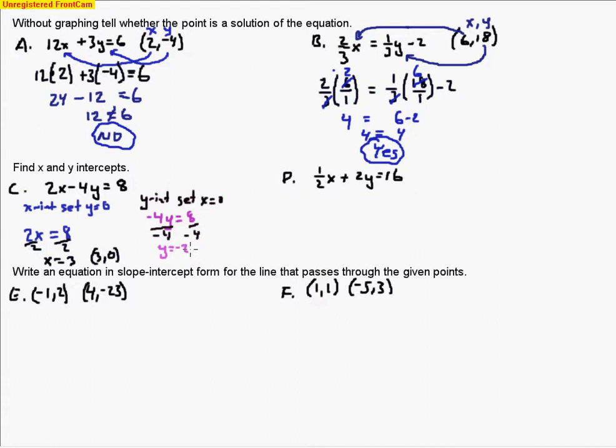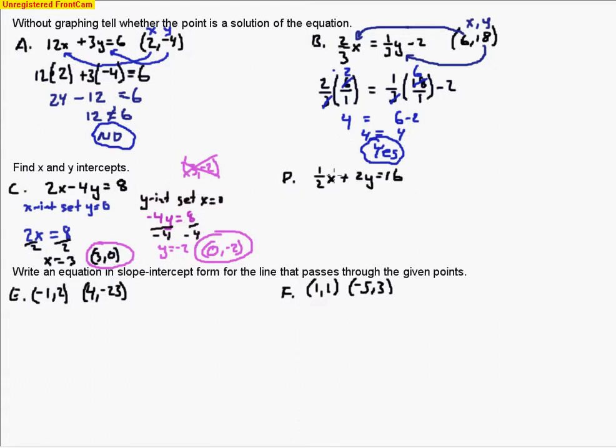So remember, this is a separate point. And so this point is 0, negative 2. Notice there's 2 points here. Do not write it as 3, negative 2. Do not do that. That's wrong. I see that quite often. But that point is not even on the line that's represented by this equation. So we got 2 separate points here that we're trying to find.